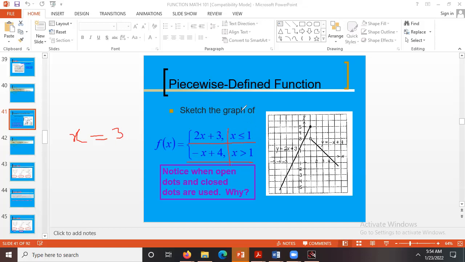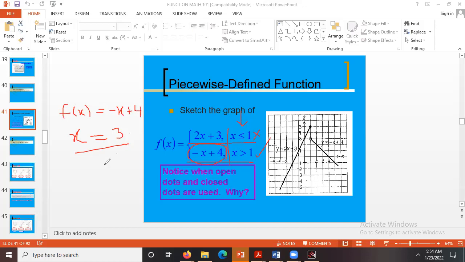Which of these two domains satisfies x equals 3? Here we are saying x should be less than or equal to 1, so it is not this one. Then here x is greater than 1, and 3 is greater than 1, so it falls within this domain. If it falls within this domain, then this is the definition of the function. So for x equals 3, the function will be defined as negative x plus 4.